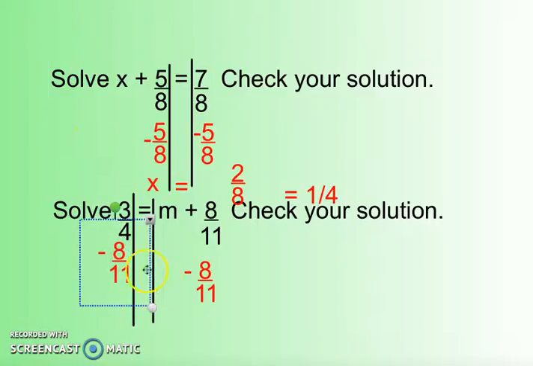Now this one's a little different because up on top here they have the same denominator. Down here though, do they have the same denominator? No, they don't. And so we actually need a common denominator when you're doing subtraction. So I'm going to rewrite 3/4 over on this side. I'm going to write 3/4 and 8/11.